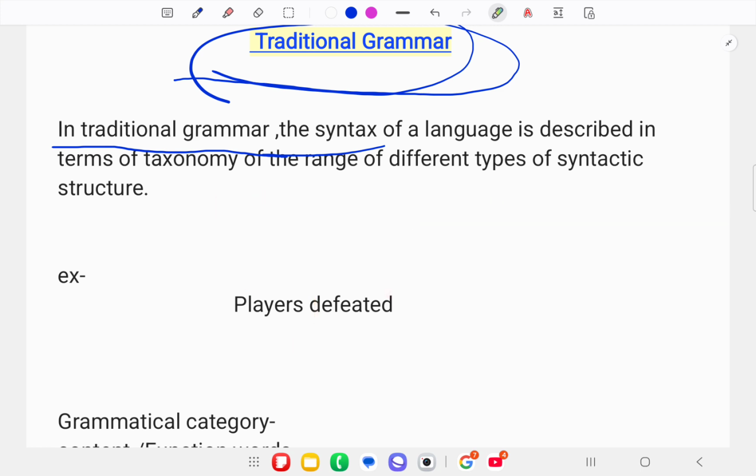Each of the categories serves specific grammatical functions. Like "players" has the category of the subject, as we have already discussed, and "defeated" has the category of the predicate. And in the overall sentence, "players defeated" has the categorical status of a clause, which is finite in nature.